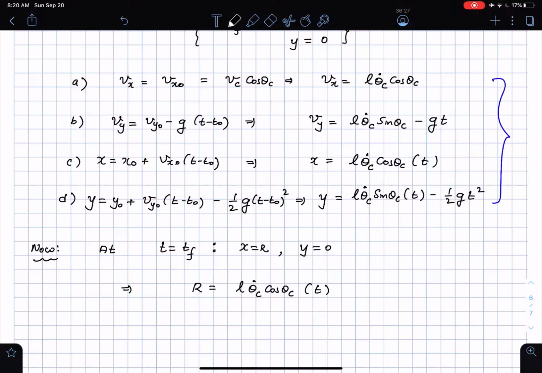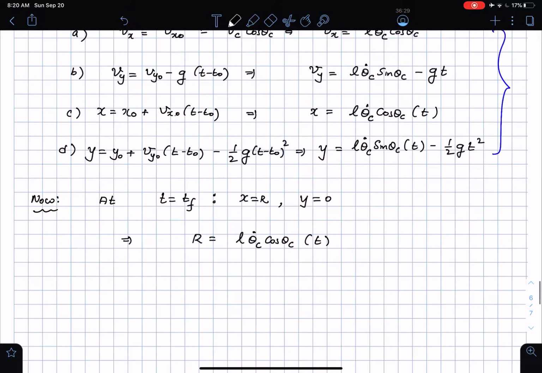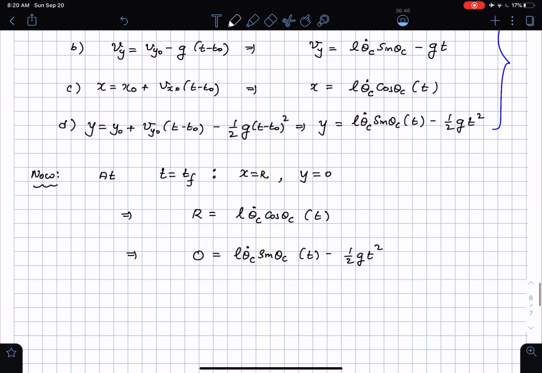And then I also know that 0 is equal to L theta dot C sine theta C times t minus half g t square, which means I can substitute for t in terms of theta dot C and in terms of theta C as well. So I can do all these kinds of things here.